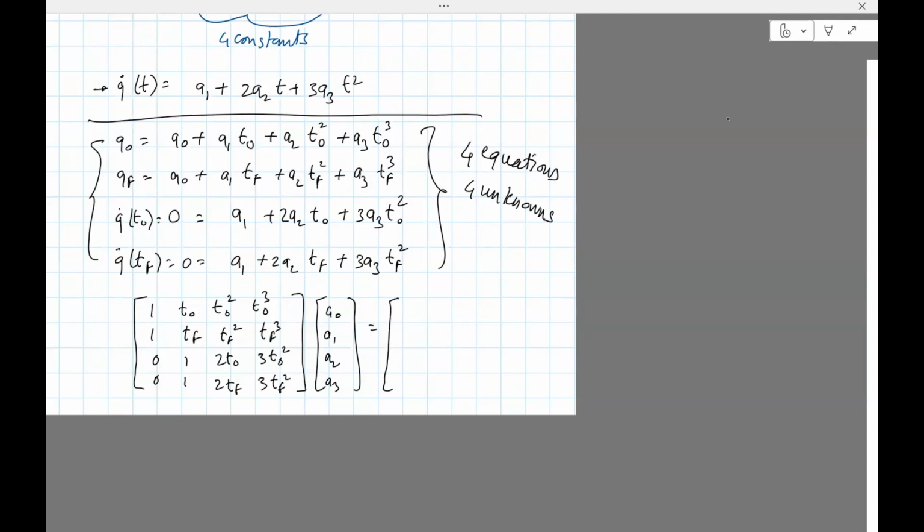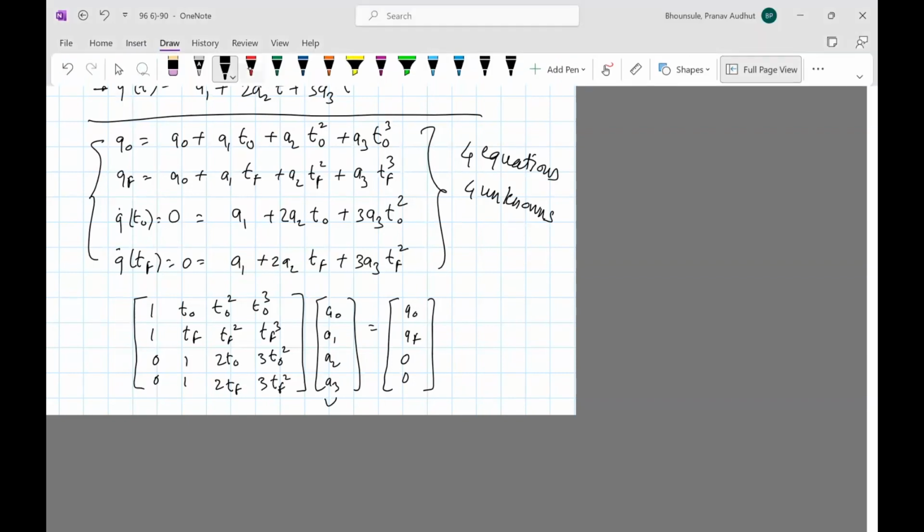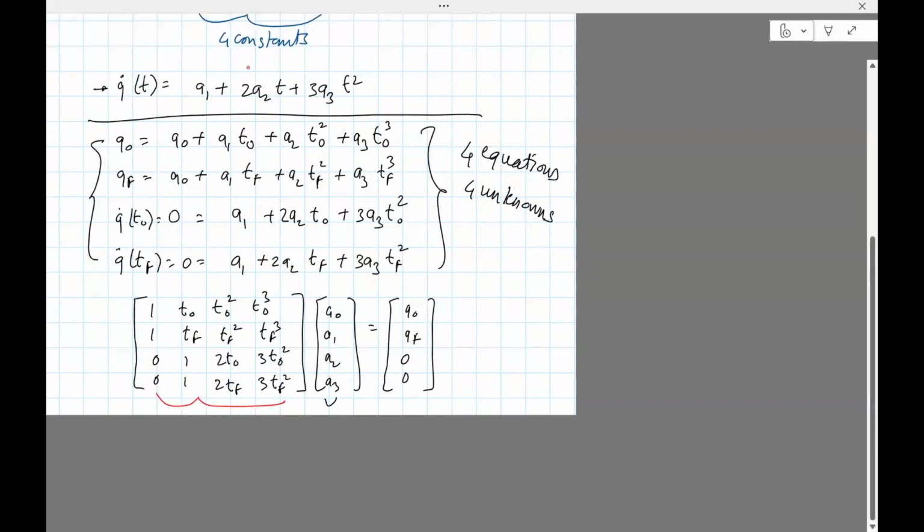And the right hand side we have q0, qf, 0 and 0. Clearly if you want to find the constants, you need to invert this matrix. Everything here is known, this is unknown. The times are also known, since they are specified in the problem.